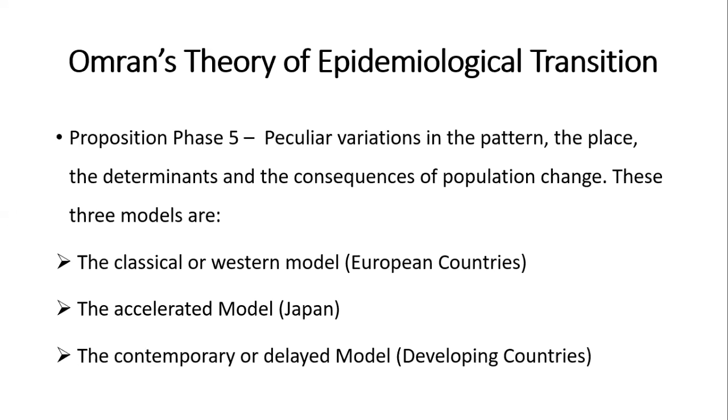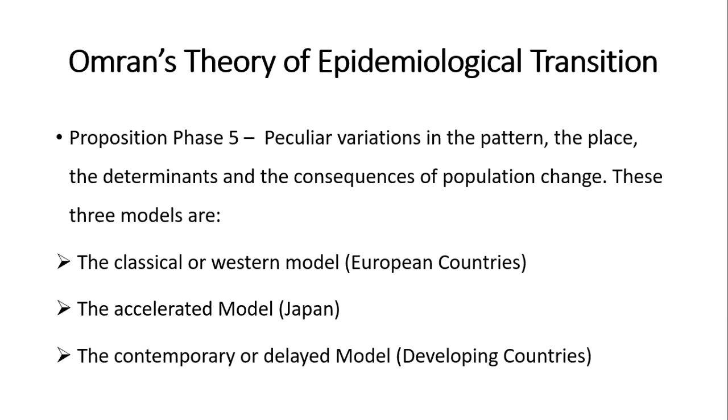So again, we are a third world country. Why are we called a third world country? Because we are still developing. If you look at European countries, they are already developed. Japan has already achieved developed status from a developing country, whereas we are still developing.